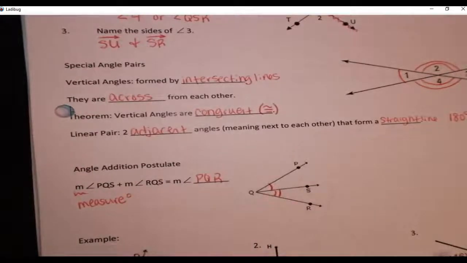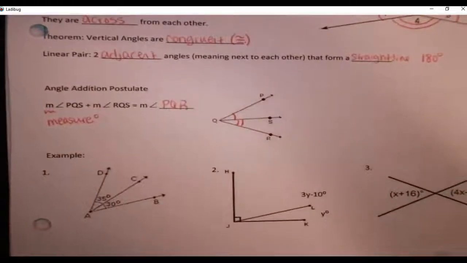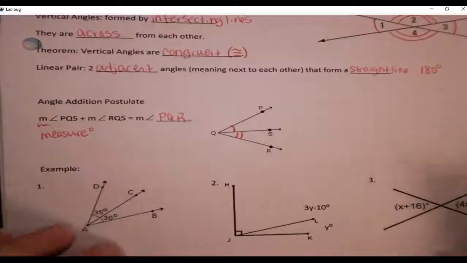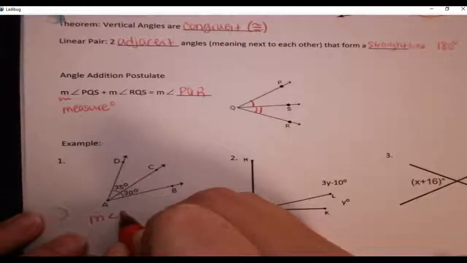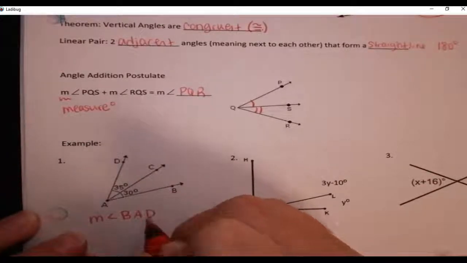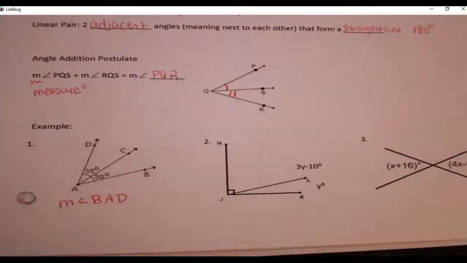Okay. So let's look at one. If we look at number 1, let's say we want to find the measure of the angle BAD. So what would be the measure of that angle?